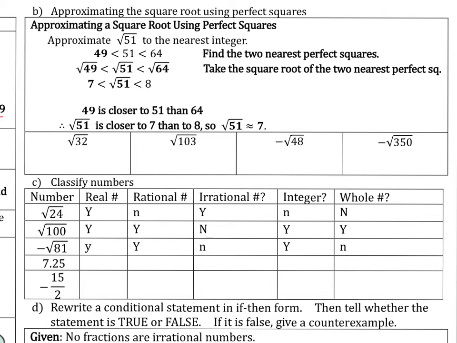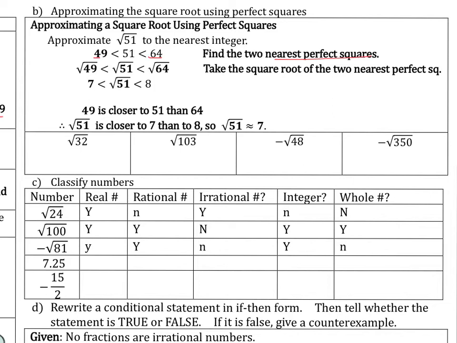Part B, approximating the square root using perfect squares. To approximate a square root using perfect squares, you have to approximate the square root to the nearest integer. First, you find the two nearest perfect squares. So, for example, square root of 51, you would have 49 and 64.